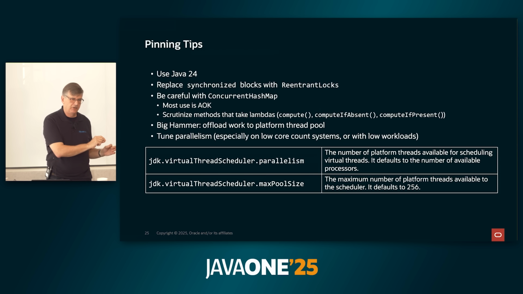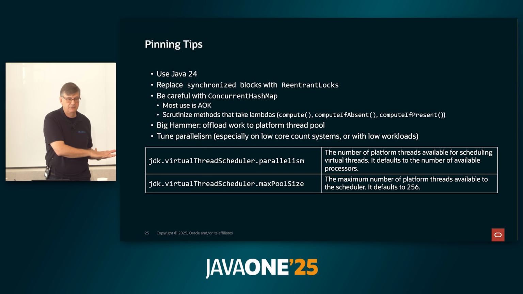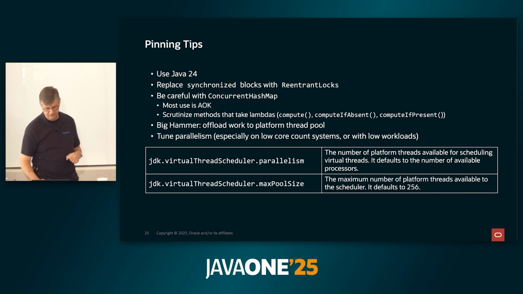Similarly, if you have a big server on a big machine, but it's under light load, you may want to bump that number down, because the more platform threads there are, the more work the scheduler does to schedule. So if you know you have a light workload on a big machine, you may want to tune the parallelism down.